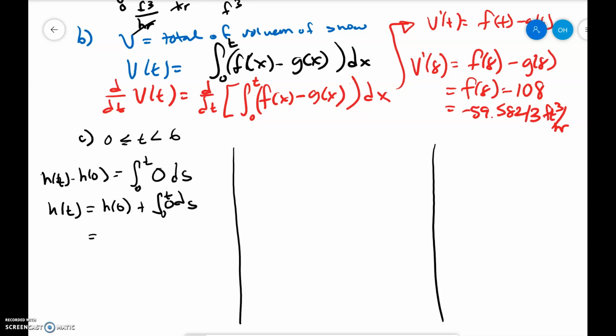So I'm basically integrating this. And when I integrate it, if I took the derivative of something and it was 0, then that means that it was some constant to begin with. And I end up with 0.